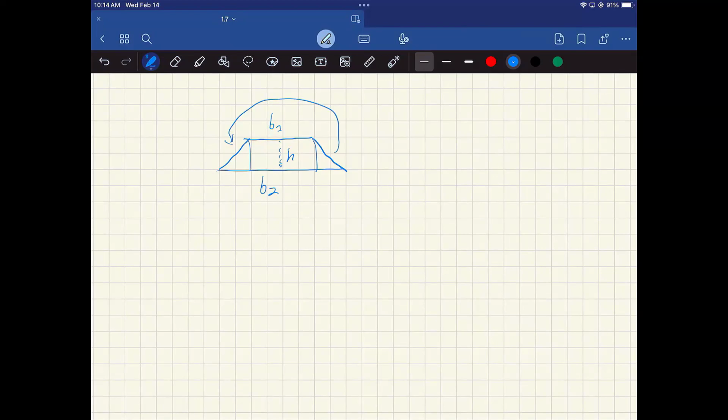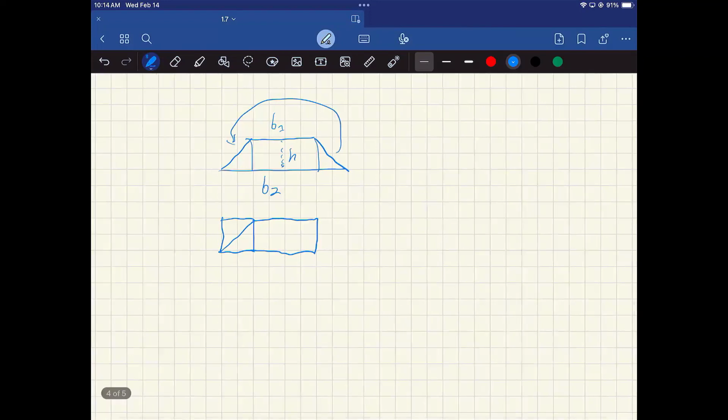I know that's kind of crazy, but it would look something like this. And so now I've moved that and I've got the same length on both sides.